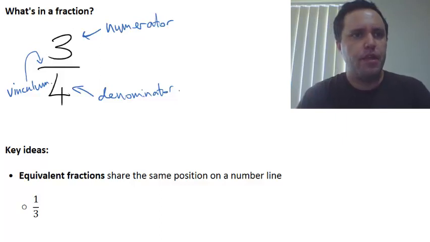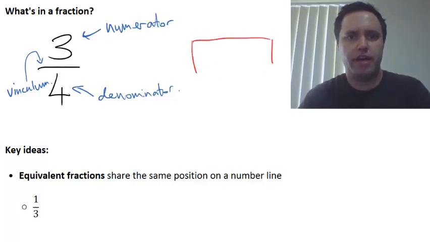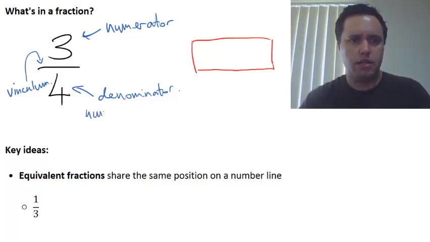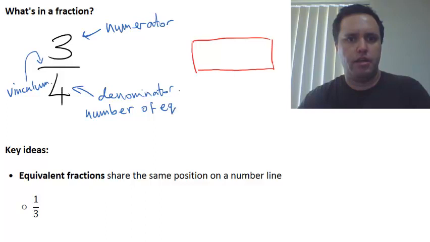Right. When we're talking about fractions, just to clear up what the different parts mean, fractions are pieces of a whole. Okay, so let's just say this rectangle here is a whole of something. And when we're talking about 3/4, what the denominator means is the number of equal pieces the whole is broken into.